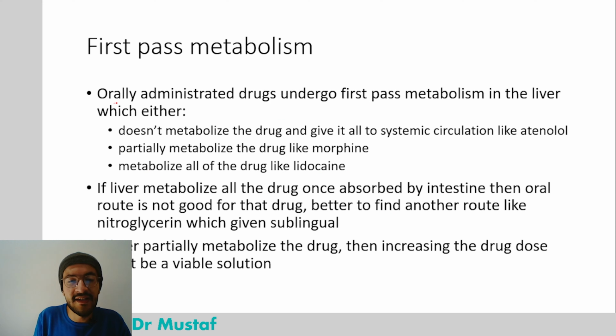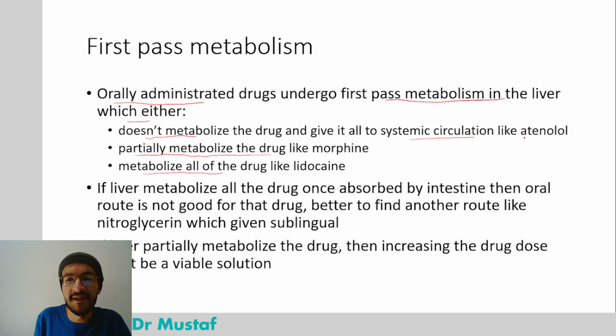Also, the orally administered drugs, as we mentioned earlier, undergo first pass metabolism in the liver, and the liver either doesn't metabolize the drug, partially metabolizes the drug, or metabolizes all of the drug. If it doesn't metabolize the drug, it gives it all to the systemic circulation.